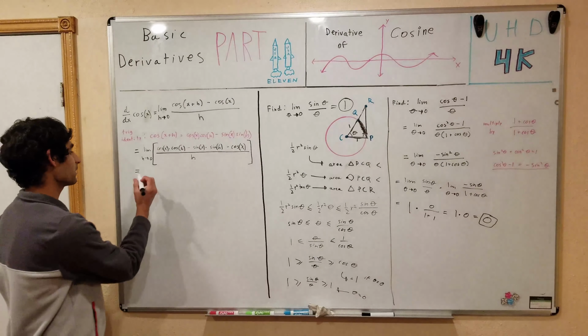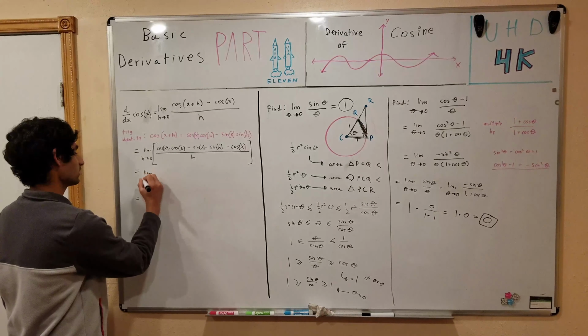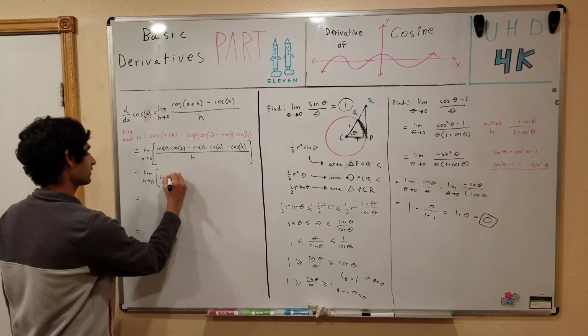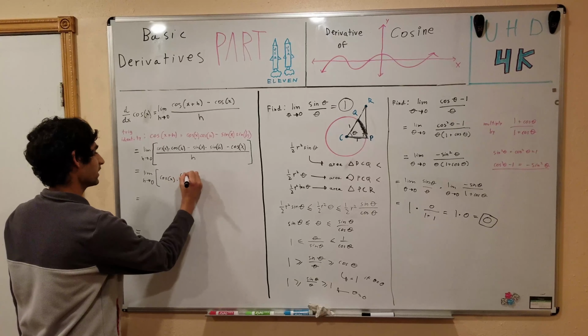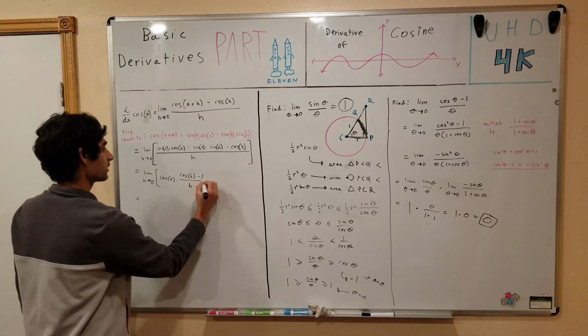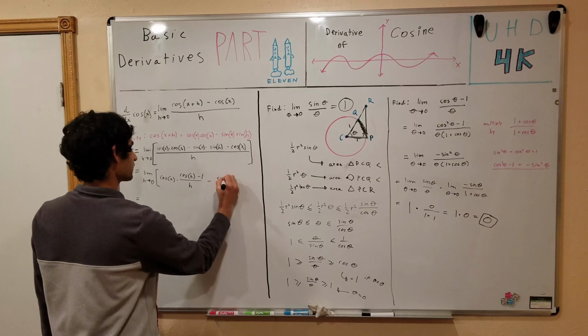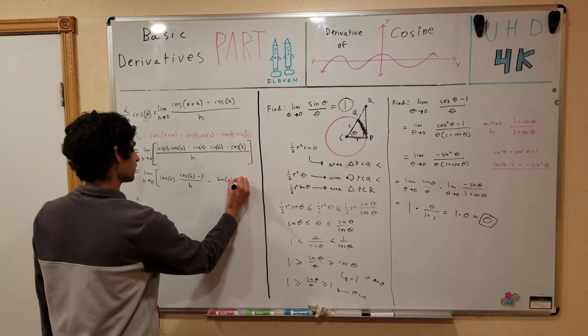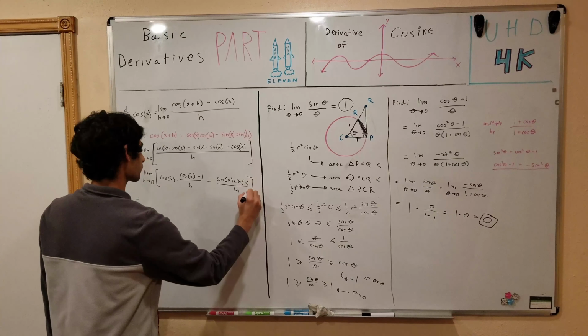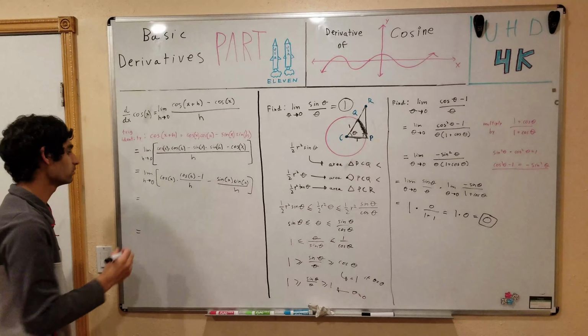I'm going to regroup the terms right now. So limit as h goes to 0 of cosine of x times (cosine of h minus 1) over h, minus sine of x sine of h over h. And let's split this up into two limit expressions.